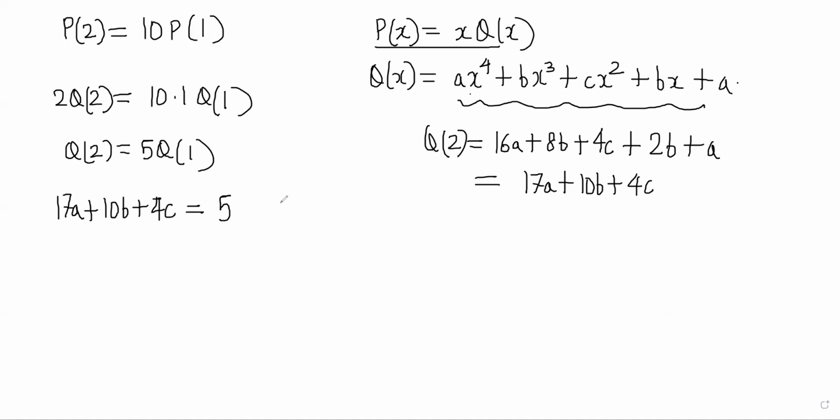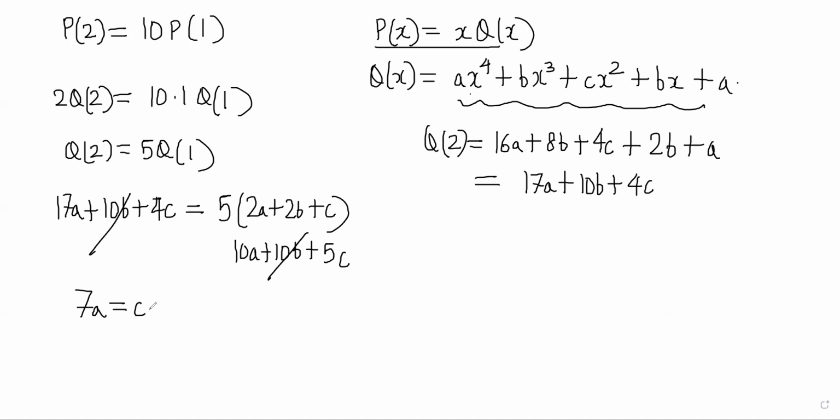So 2a plus 2b plus c. 5 times 2a plus 2b plus c is basically 10a plus 10b plus 5c. And 10b gets cancelled here and you get 7a is equal to c, right? So we are getting this condition now, 7a is equal to c.